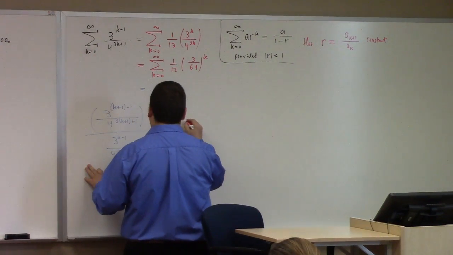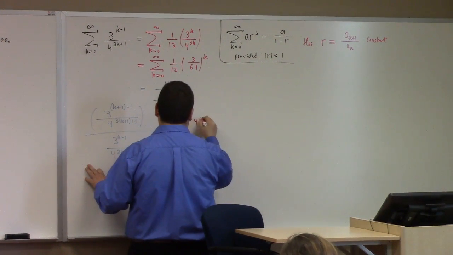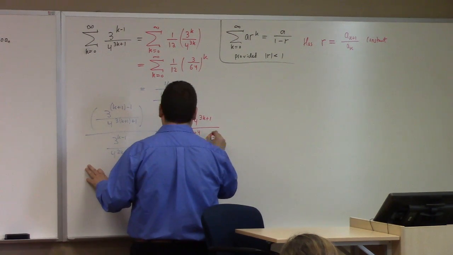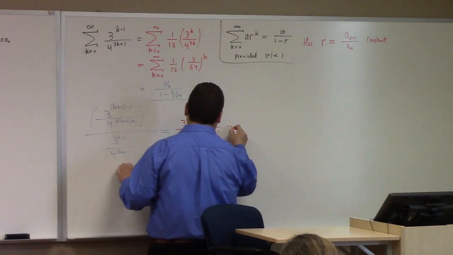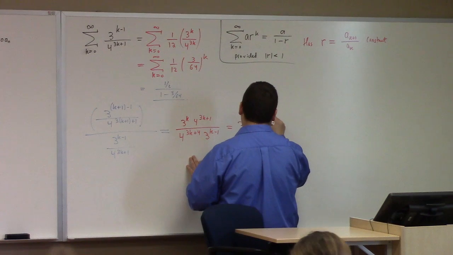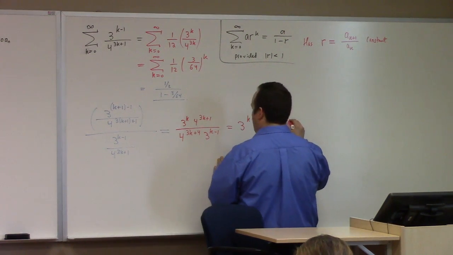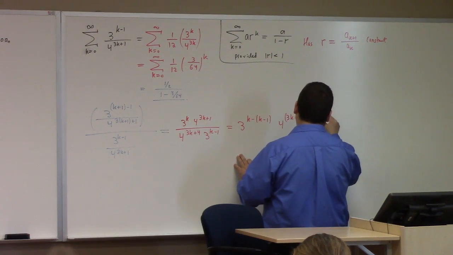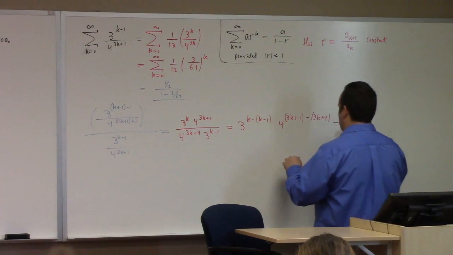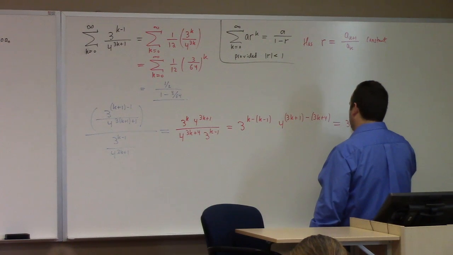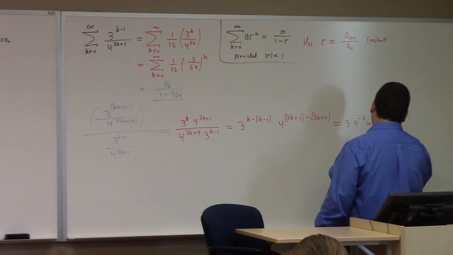The k's cancel, and you're just left with 3 times 4 to the minus 3, also known as 3/64.